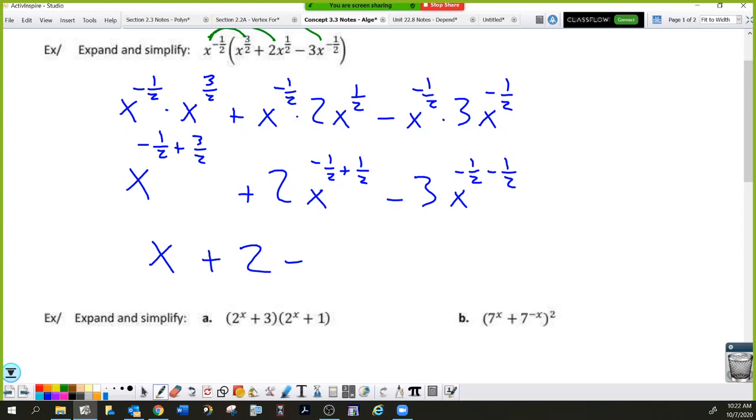That's just negative 1, right? I don't want to write minus 3 times x to the negative 1. I'm going to do this. Let's do it like that, so that way you understand why I'm writing it as 3 over x.